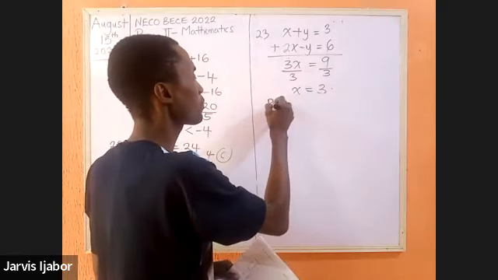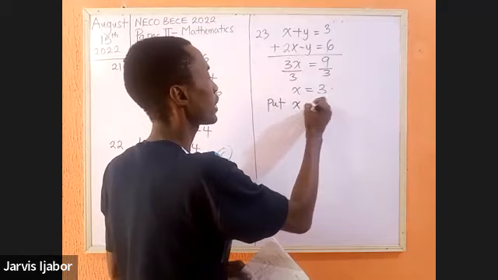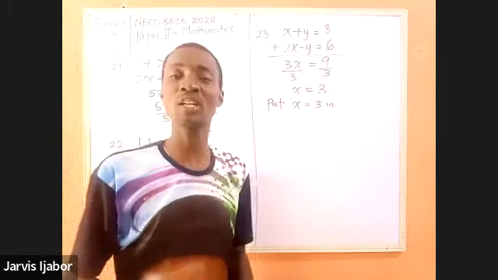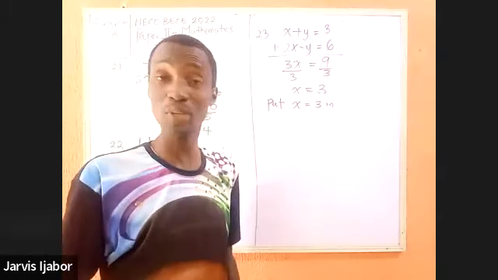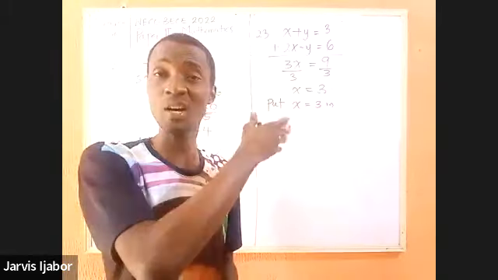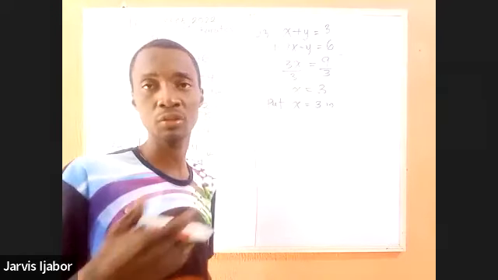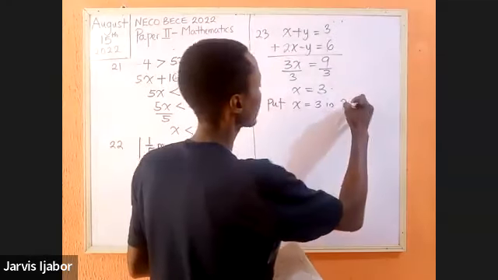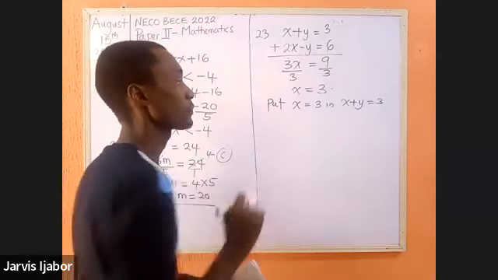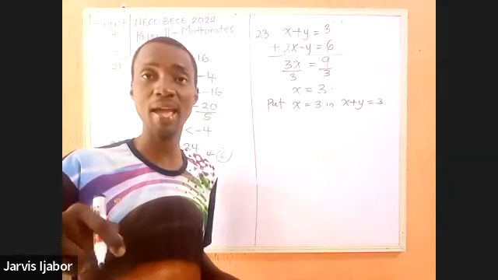We will then put x equal to 3. Back in the days, we would say put in equation 1 or equation 2. I don't do that anymore. I'd rather you tell me the equation you're making that substitution in. So that will be x plus y equal to 3. I want to put x equal to 3 in x plus y equal to 3.